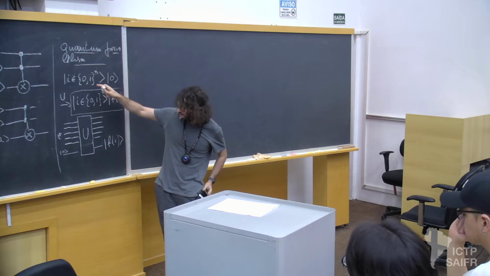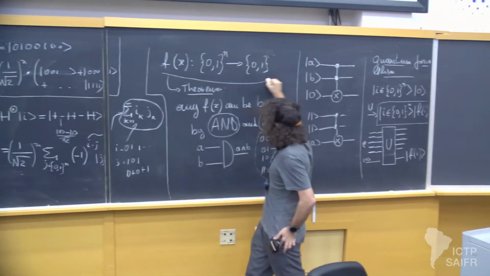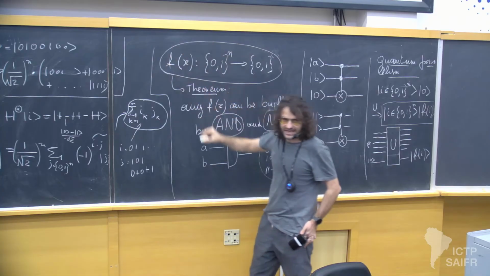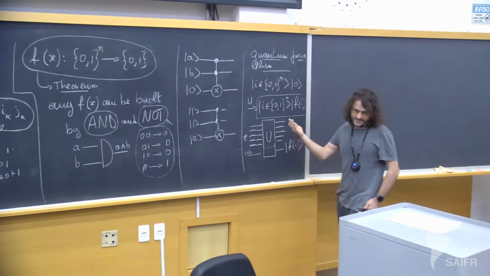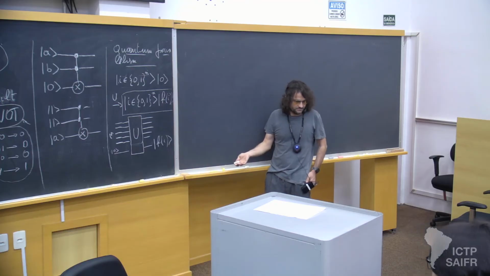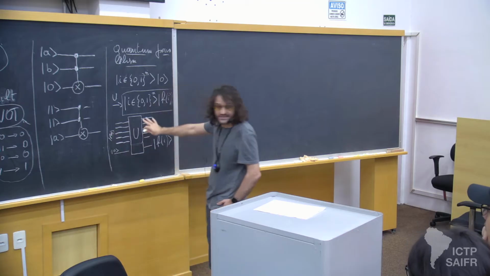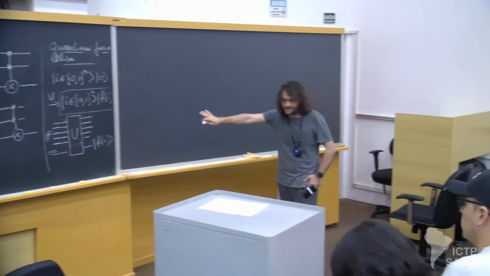But if you are implementing something like this, if you receive a classical state, the result is yet another classical state. Okay, good. So this is our initial circuit.